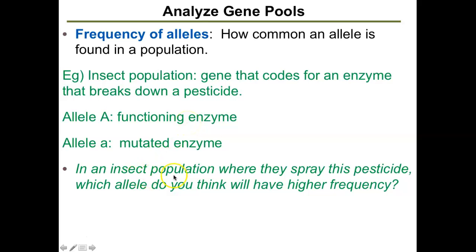If they constantly spray that pesticide, just like the example of the cockroaches we made in the other lecture, then you expect allele A, with the functioning enzyme, to be more prevalent, more frequent than the mutated allele. The mutated allele, since it's recessive, could still be in that population. As a heterozygous individual, you could be big A, little a, and survive the pesticide.